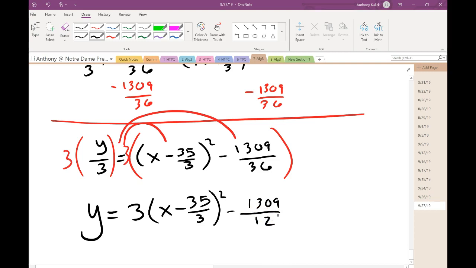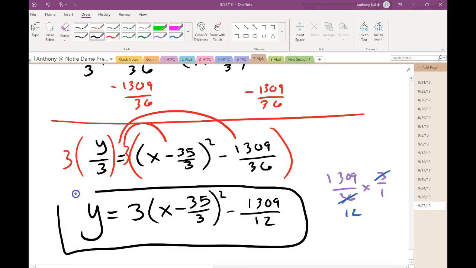I get 1,309 over 12. Again, the trick that I used there was reducing before I multiplied. And there's my final answer.